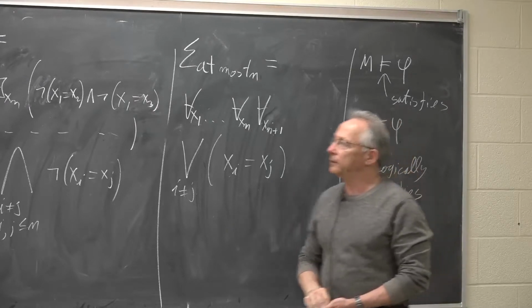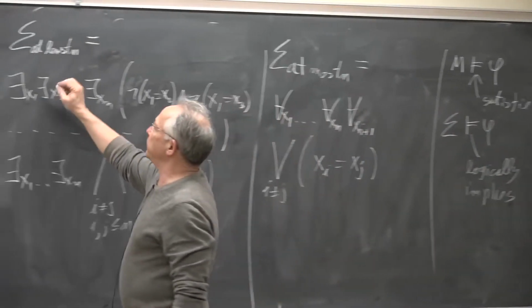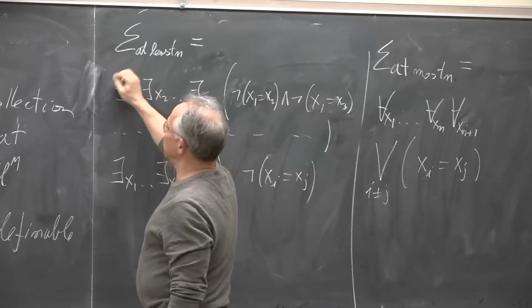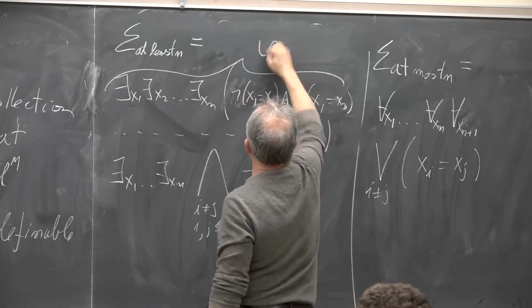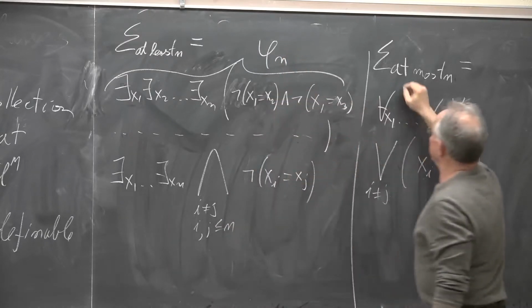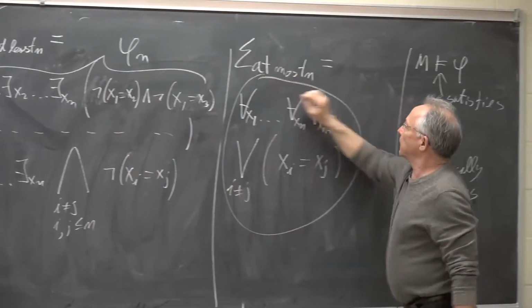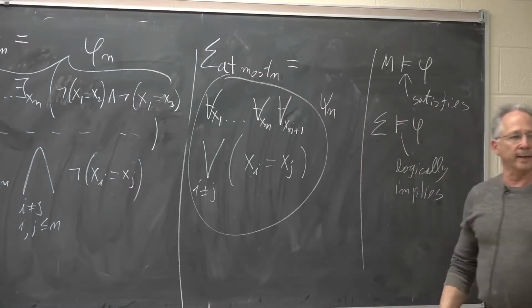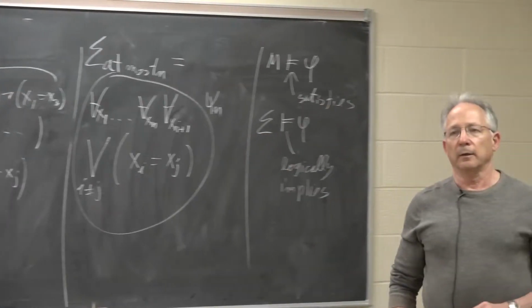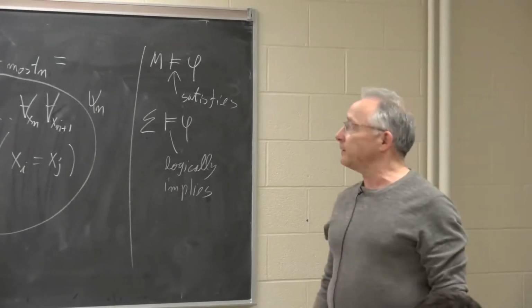So if I give this formula a name, let's call this formula phi n, and this formula, I'll call it psi n. So now how will I say that my structure consists of exactly n elements?